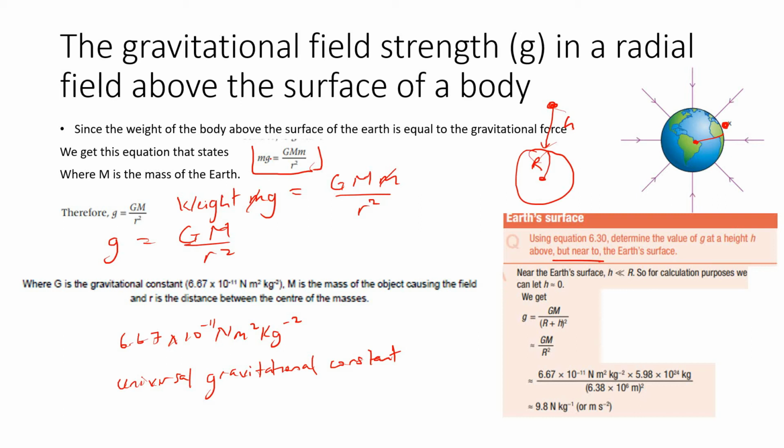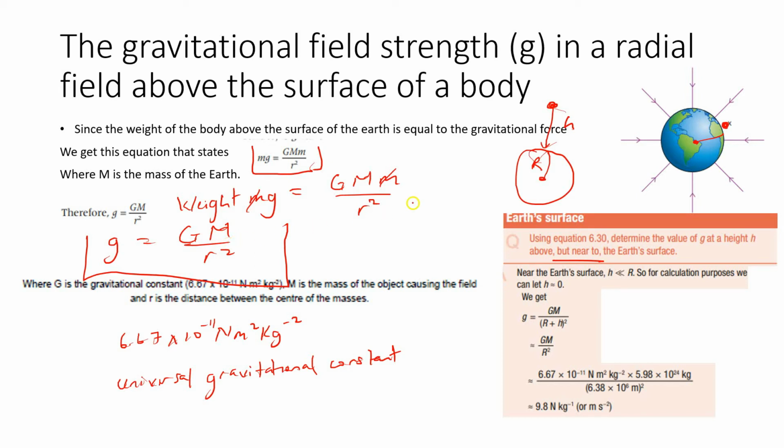Since the weight is equal to the gravitational force, then mg is equal to G times big M times small m divided by r squared, where we can cancel out the small m, leaving us with our gravitational field strength equal to big G times big M divided by r squared, where big G is your gravitational constant, which has a value of 6.67 times 10 to the minus 11 newton meter squared per kilogram squared, times the mass of the object that is causing the gravitational field.